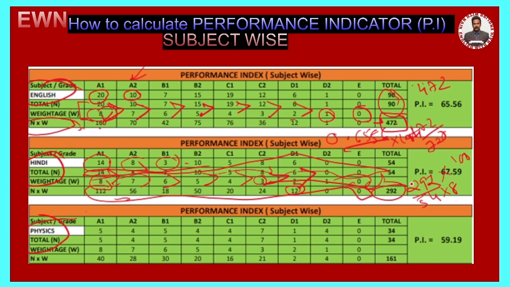And this will equal 0.6759. Then multiply by 100, shifting the decimal two places, and you get 67.59. So this is how you get the performance index for Hindi, 67.59.